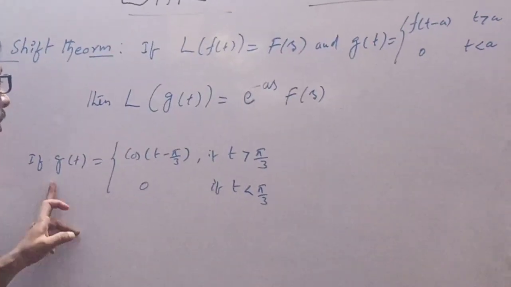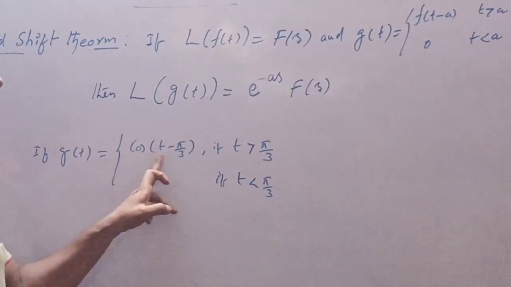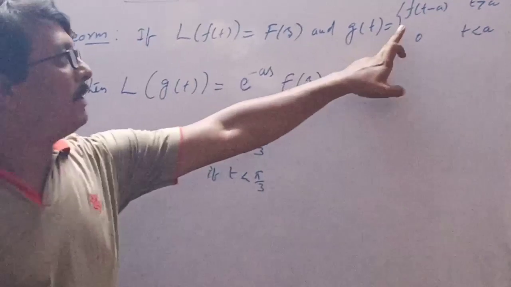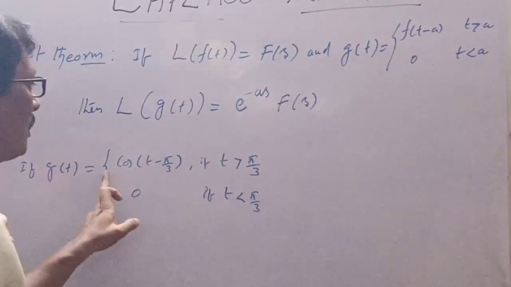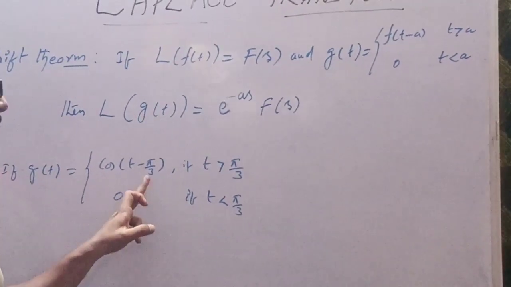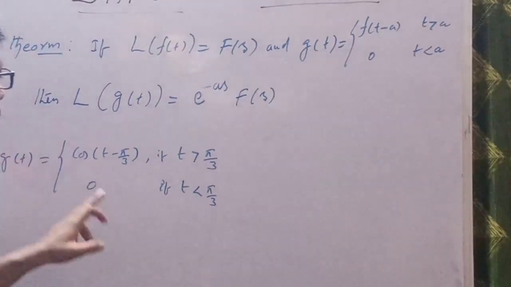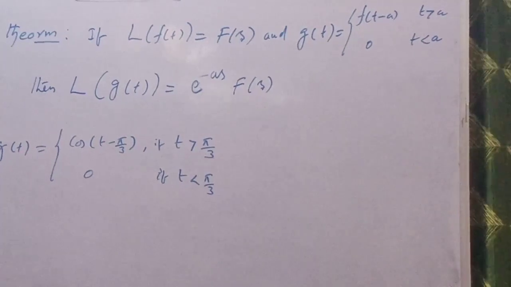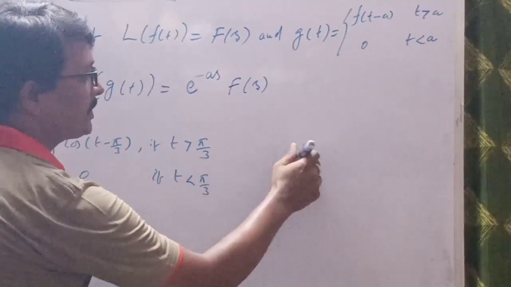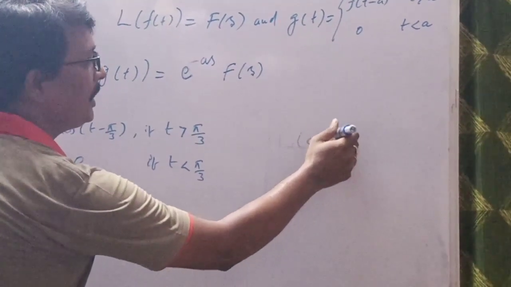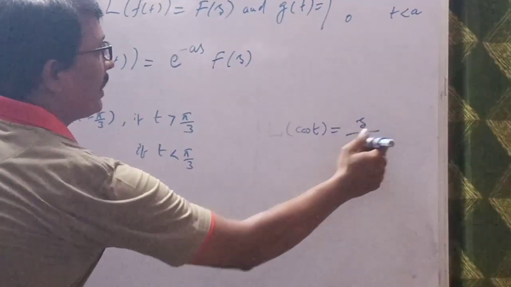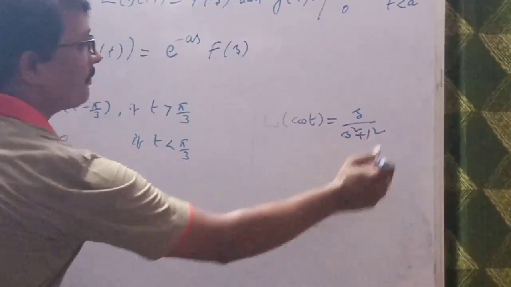For example, g of t is defined by cos of t minus a, where a equals pi by 3. So we know the Laplace transformation of cos t: it equals s by s square plus 1 square.